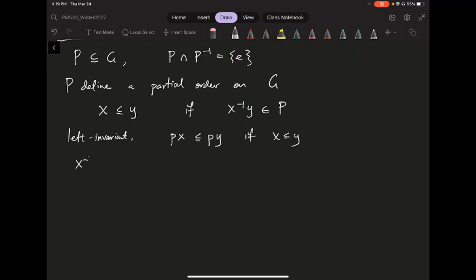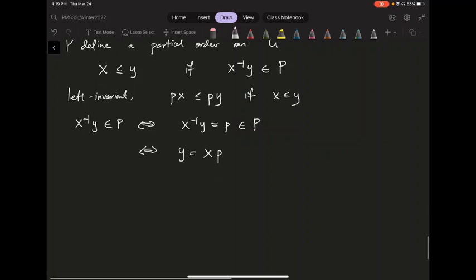And equivalently, there are many ways of thinking about this. One way is that x inverse y is inside P. That's just equivalent to saying x inverse y is equal to some p inside your semigroup. In other words, if you move the x to the other side, your y will start with the x part. So x is called the initial segment of your y. Your y can be started by this x.